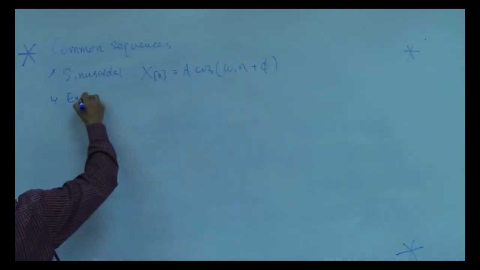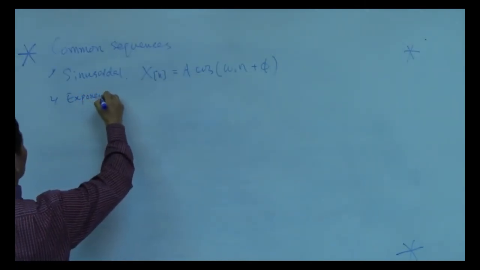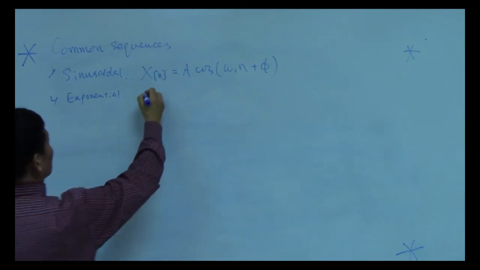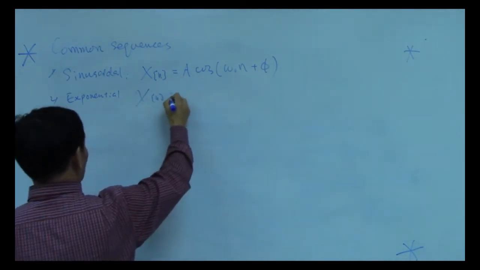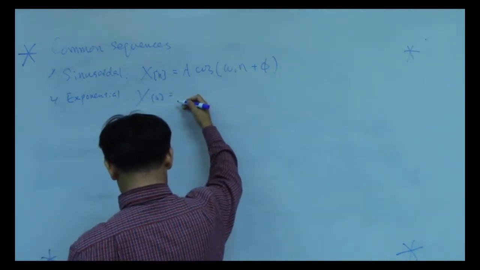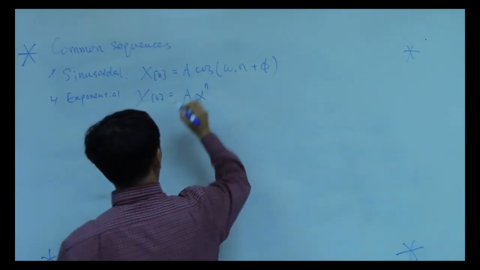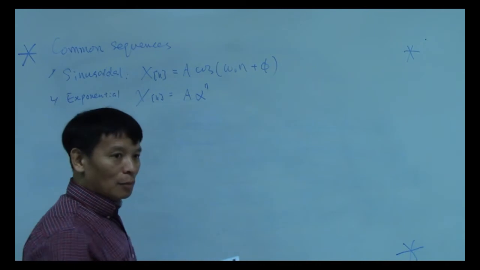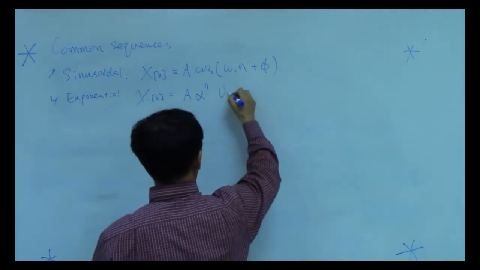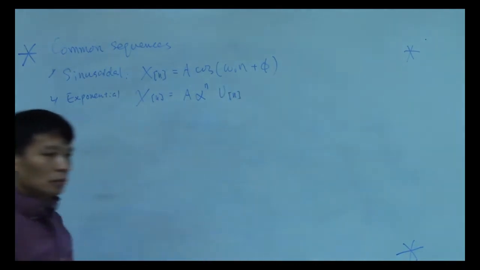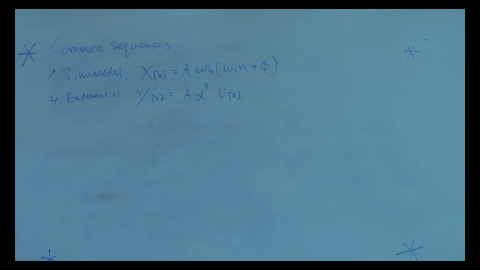Alright, next one, exponential. So the exponential is A times alpha, which is a complex number, raised to the power of n, then times u[n]. You know u[n], right? u[n] equals 1 for all time from 0 to any positive.